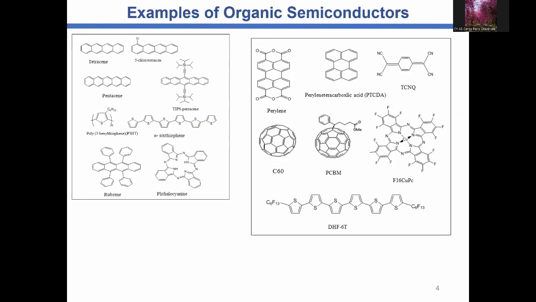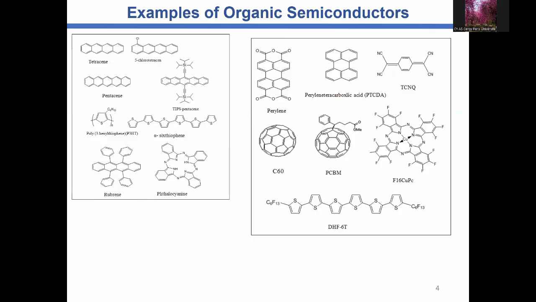Here are a few examples of organic semiconductors. Tetracene means that we have just carbon and hydrogen, bonded with this sp2 hybridization.